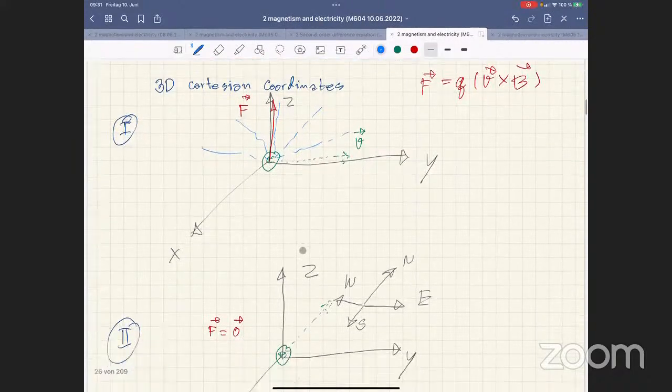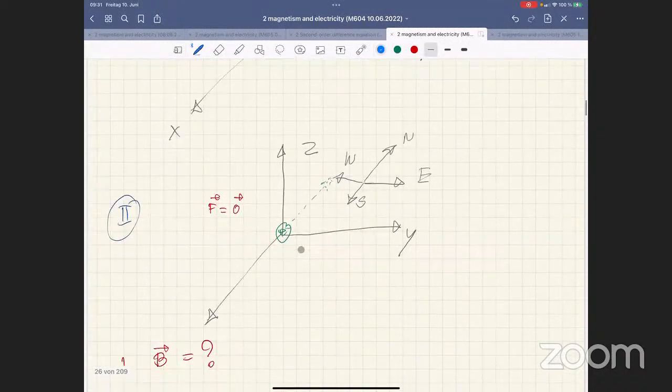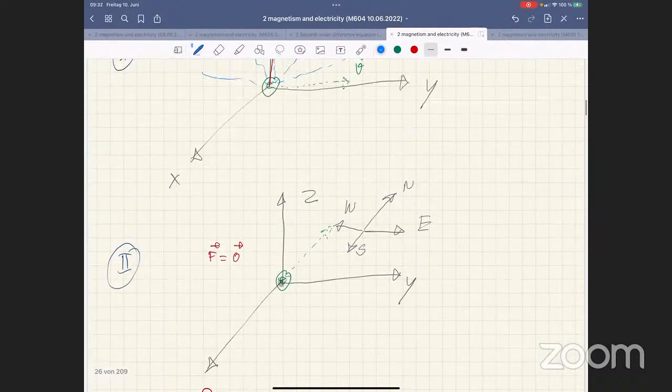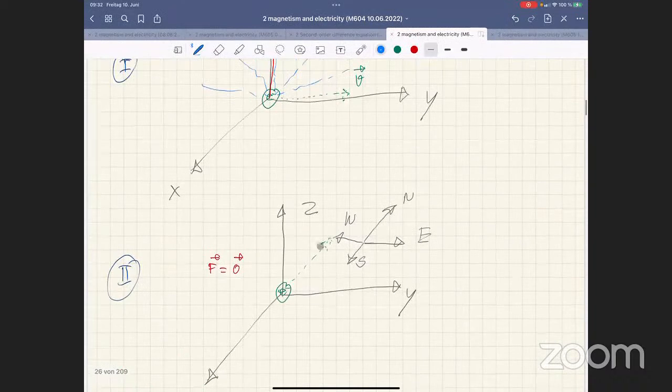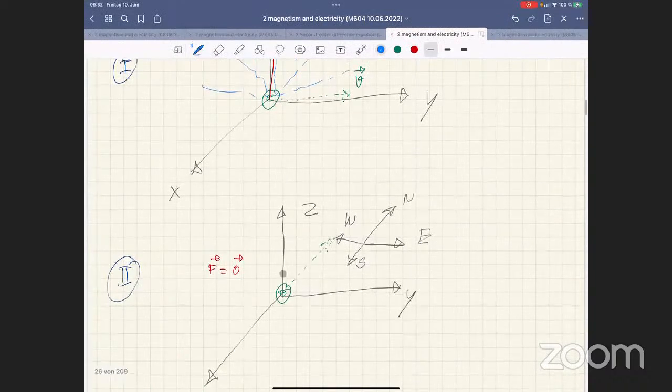But once we consider the second scenario, they say if the electron moves northward like this, there is no F at all. So what is the situation?